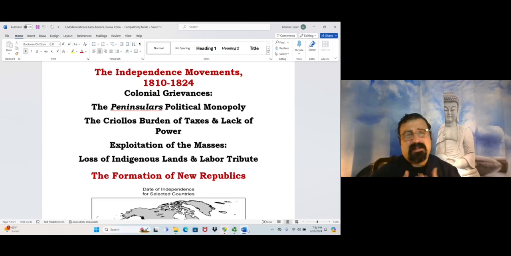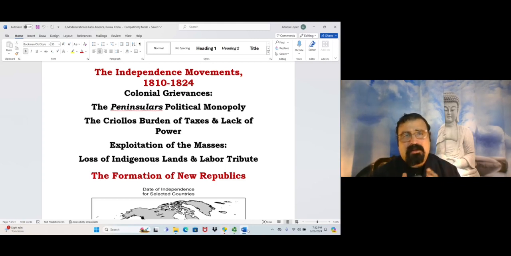This started back in the 1700s, but by 1810, this struggle between Spaniards born in Spain, known as the Peninsulars, who were in charge of the government of the colonies and also the highest positions of the church, and the Creoles or the Criollos, who were just in charge of the economy, is going to produce a clash, if you will, over power.